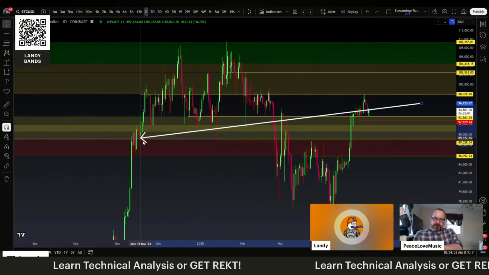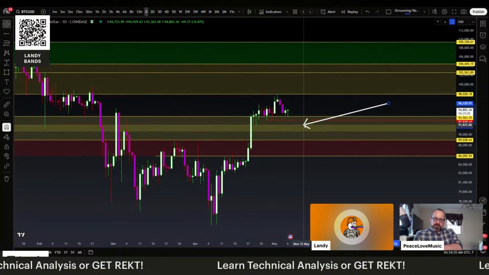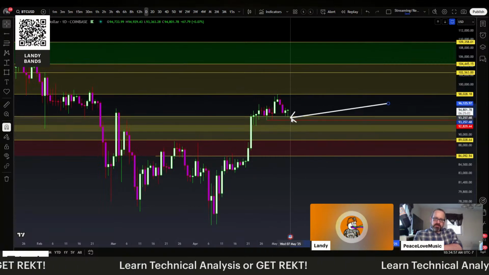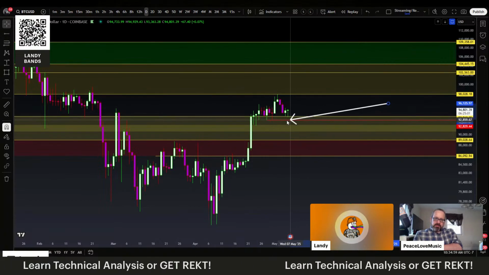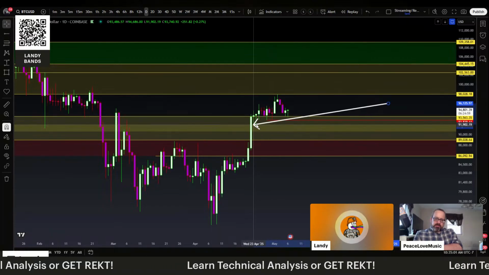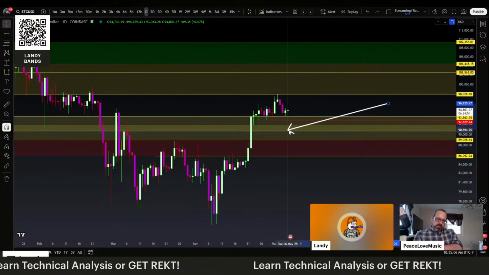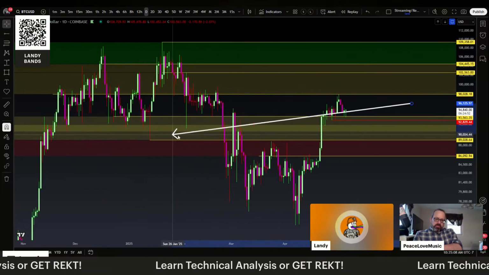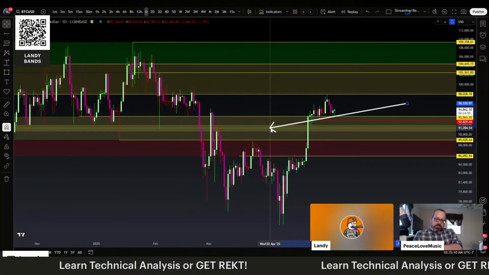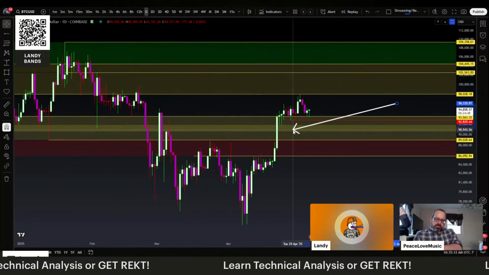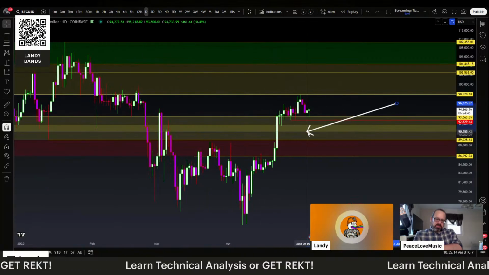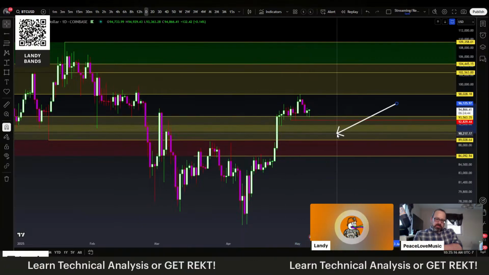We also have a low set over here. So we need to be aware that if price were to fall below 92.9, okay, fair game down to 91.5, 92K. And then we're in another big area of interest, which was a rejection, was prior support. And that's around the 90,500 to 600 region to the actual low there.